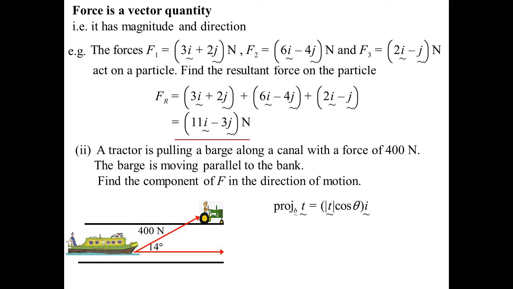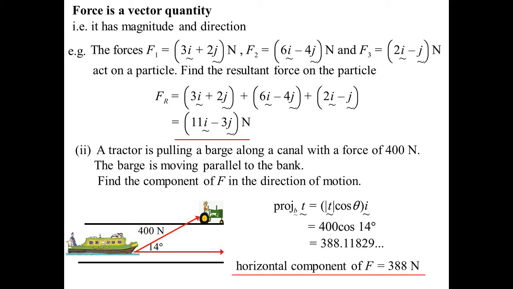And we know that's the magnitude of T cos theta times the unit vector in the horizontal direction, which is i. So it would be 400 cos 14 in the i direction. We just want the component, so that's why I haven't bothered putting the i there. But 388 newtons in the horizontal direction.